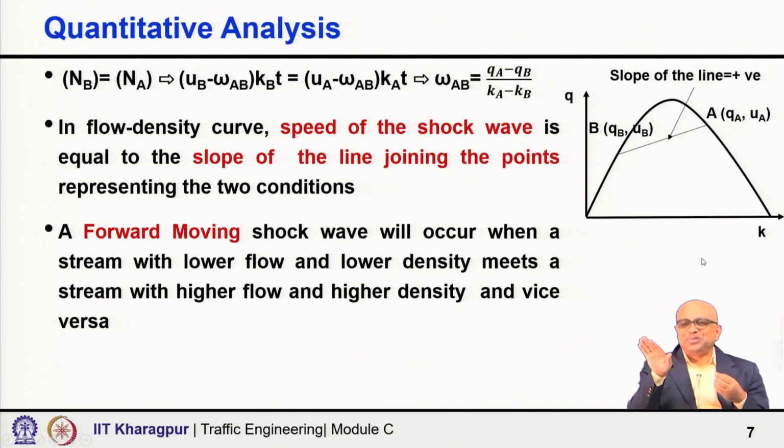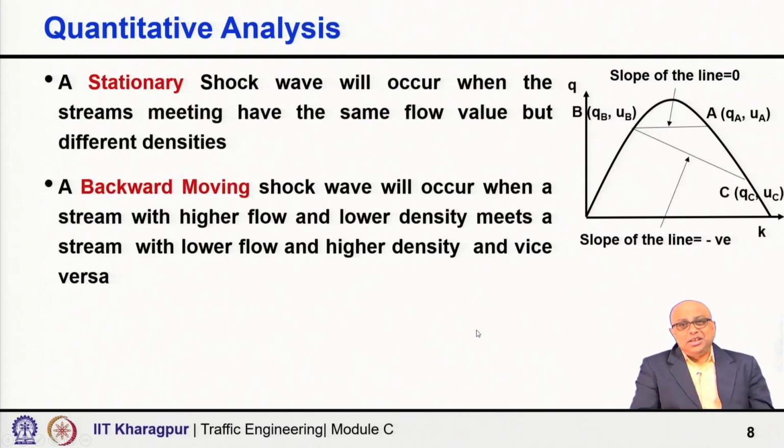That is what you are seeing here. So, a forward moving shock wave will always be created when two stream conditions meet, one with low flow, low density and the other with high flow, high density.